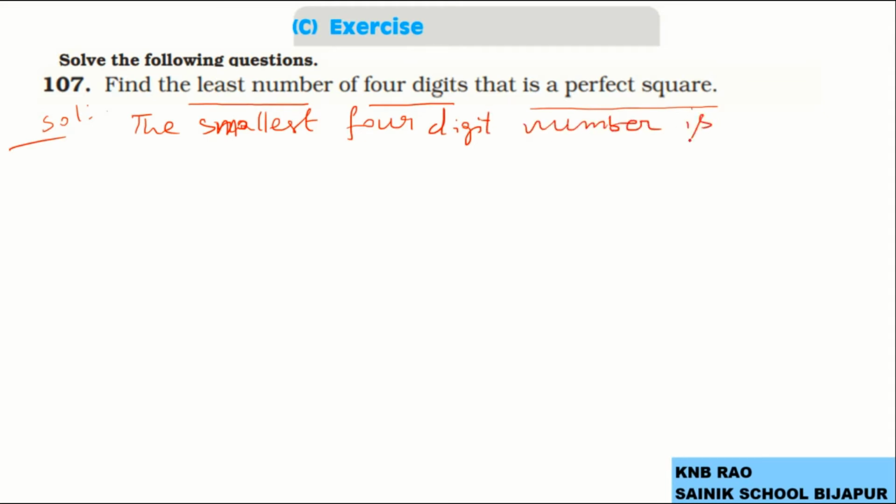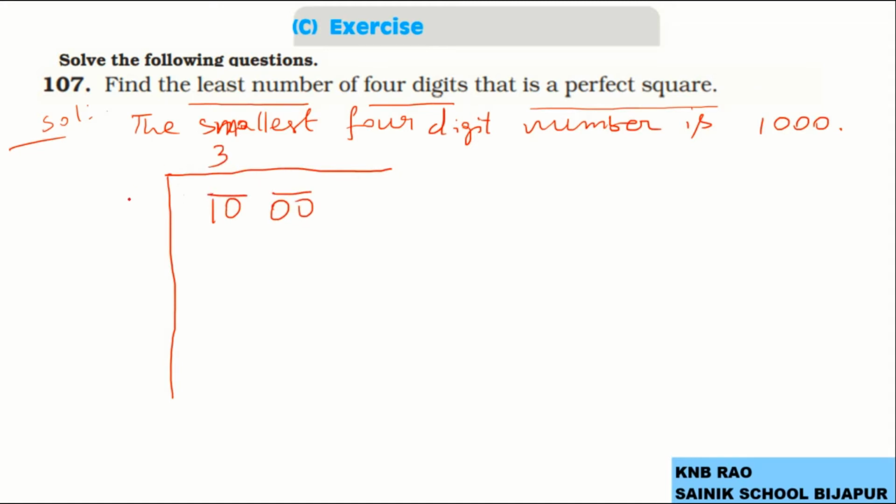The smallest 4 digit number is 1000, and now I need to find out how much is to be added to make it a perfect square. The same procedure as we did for the 106th question.